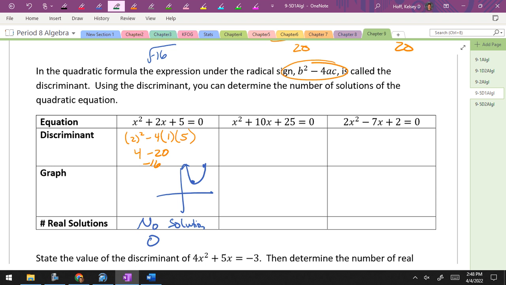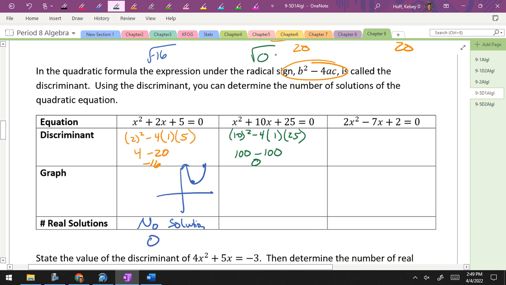Okay, let's do the next one. B is 10 squared minus 4 times 1 times 25. 10 squared, 100. Negative 4 times 1 times 25. Say it again. Minus 100. 100 minus 100 is 0. Now remember, that's underneath the square root.